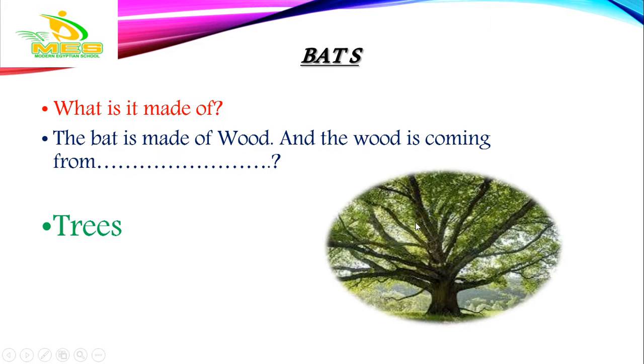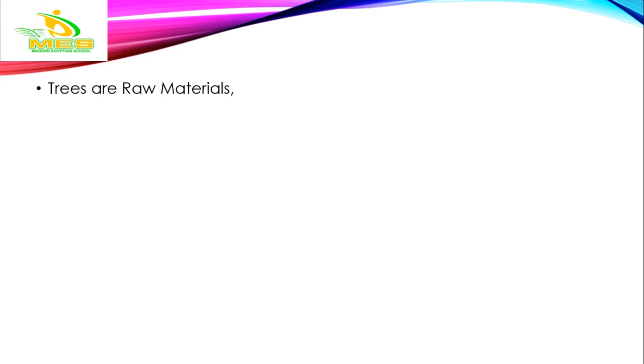This is the tree. So bats are coming from trees. How is this? This is what we are going to answer about. How is it made? Okay, so the first question, it's made of what? It's made of wood, and the wood is coming from the tree. But what do we consider the tree? We consider the tree as a raw material.